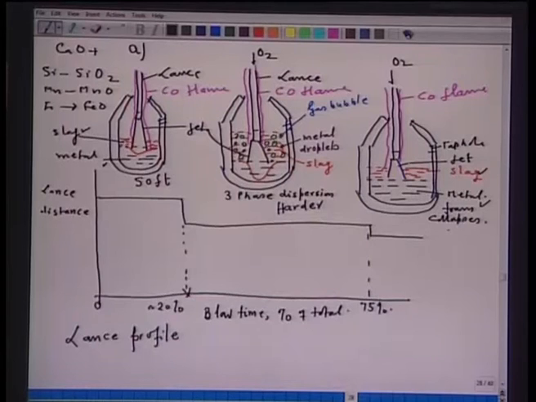Towards the end of the blow, that is from 75% onwards, the carbon content of the bath has decreased. No matter how hard you blow, when there is less carbon, the removal rate of carbon becomes slow. So, evolution of carbon monoxide bubbles will also be low.